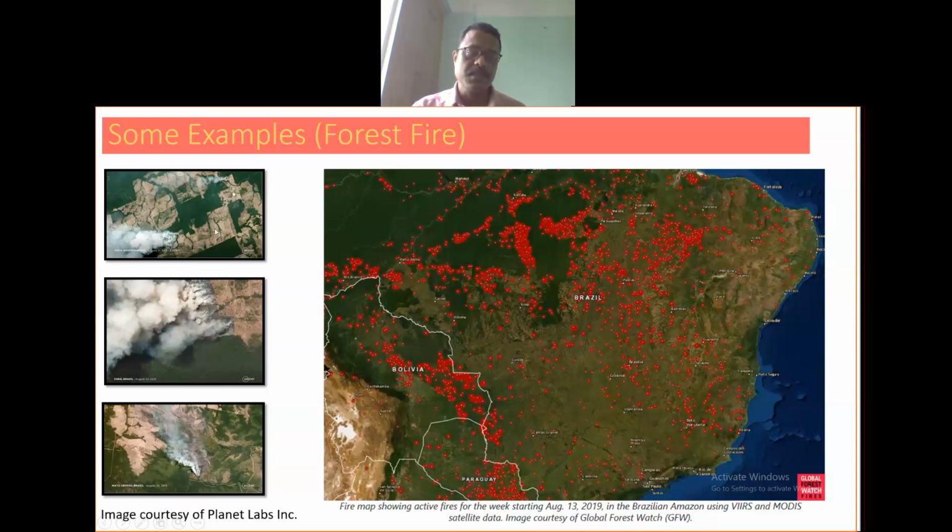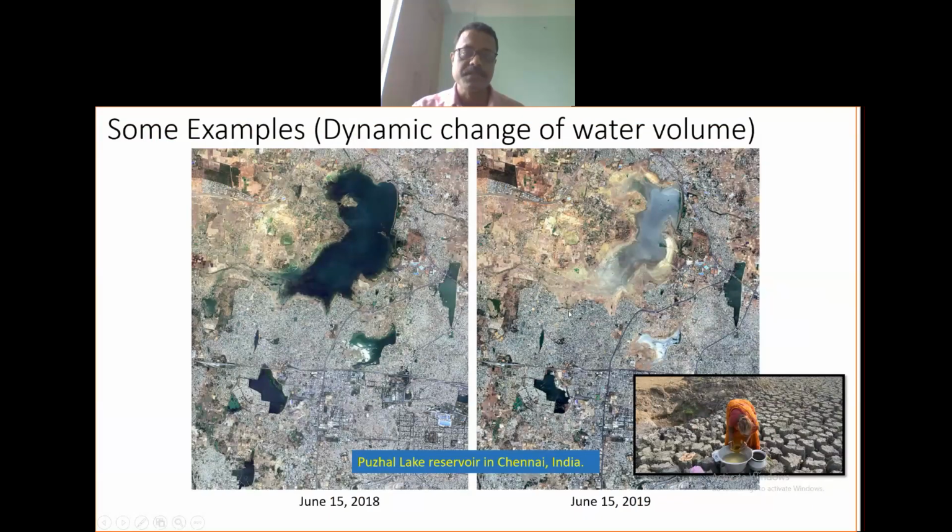But for the time being, just see that these images are capturing the individual burning events, and on the right hand side, you can see it on a regional scale. Those red dots are the fire hotspots that happened in the Brazilian forests.